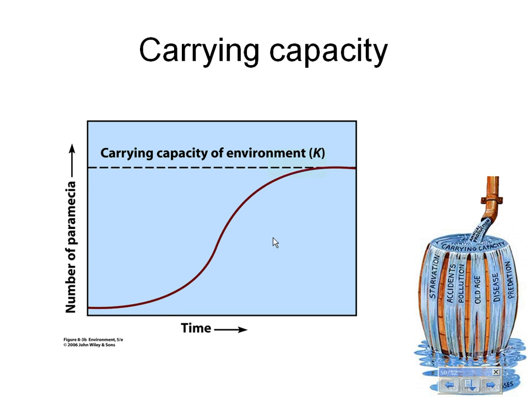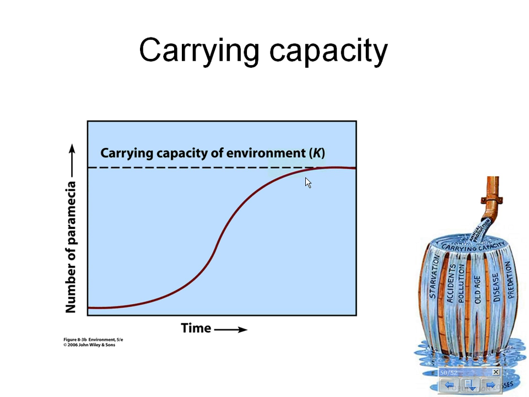So the carrying capacity is the maximum number of individuals that the environment can hold. And we see that growth, that exponential growth, that J-curve, eventually turning into an S. And the carrying capacity is represented by the letter K. The carrying capacity is a fixed line here.